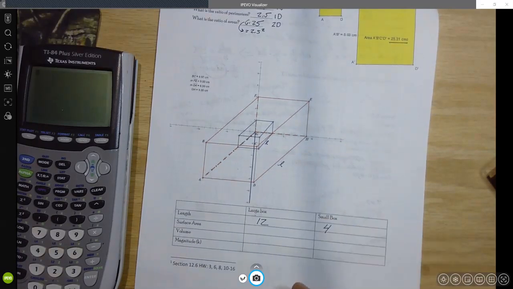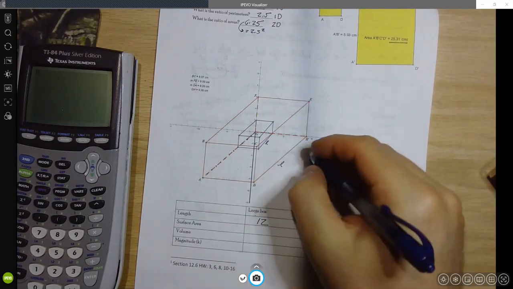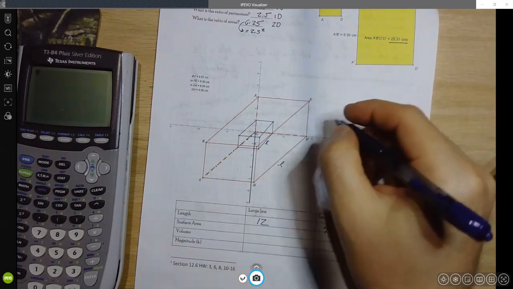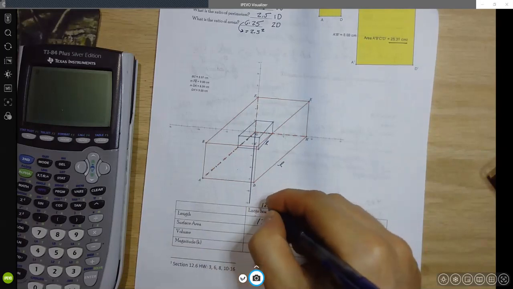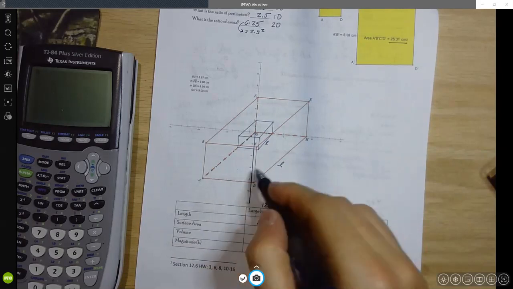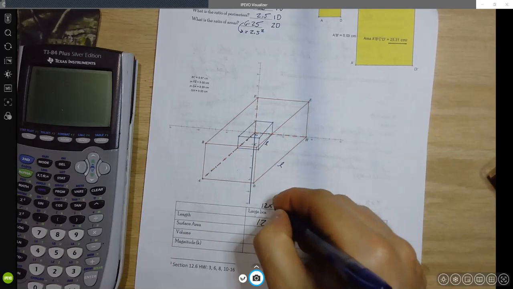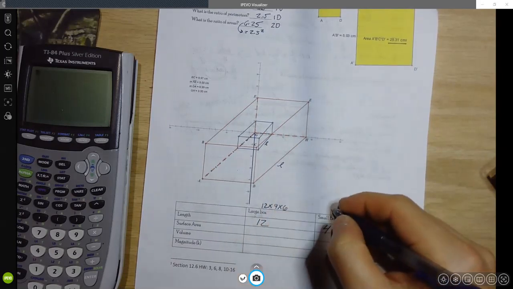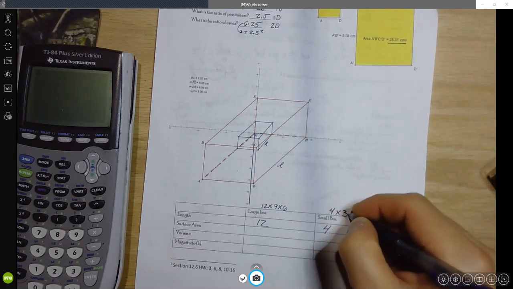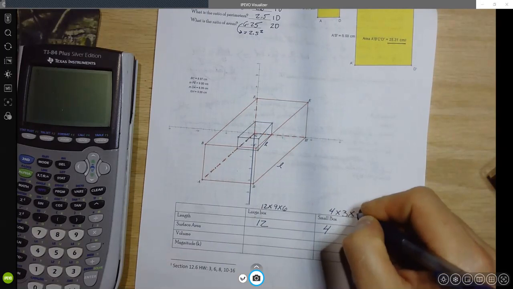Then the surface area of the large box. So the large box is 12 by 9 by 6. And the small box is 4 by 3 by 2.